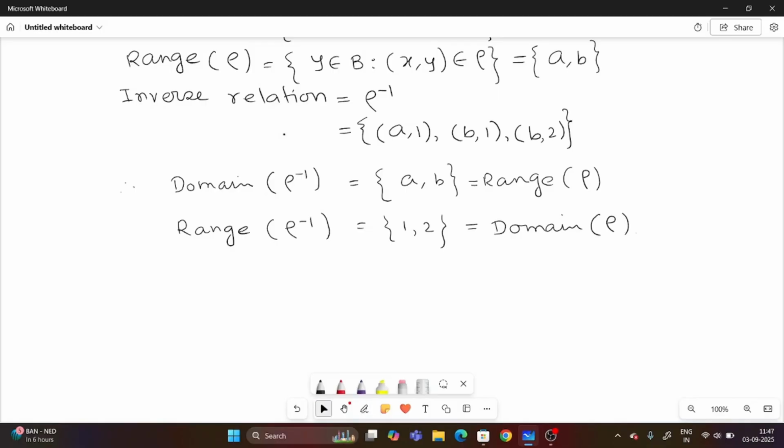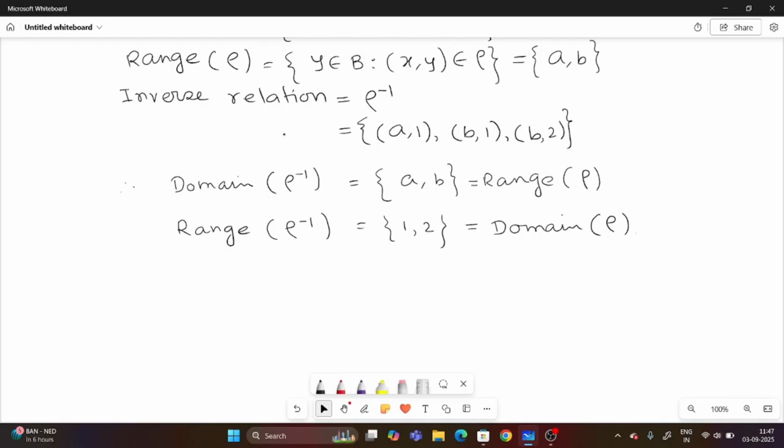So this is the basics of Cartesian product and relation. The Cartesian product of two sets A and B is the collection of all ordered pairs where the first component belongs to the first set and the second component belongs to the second set.